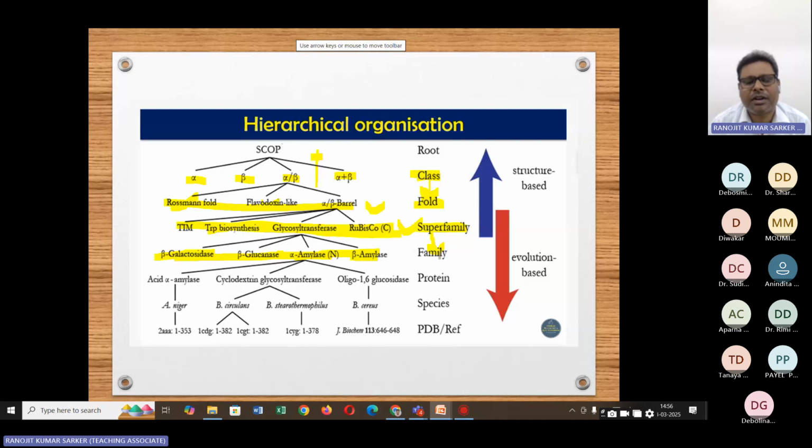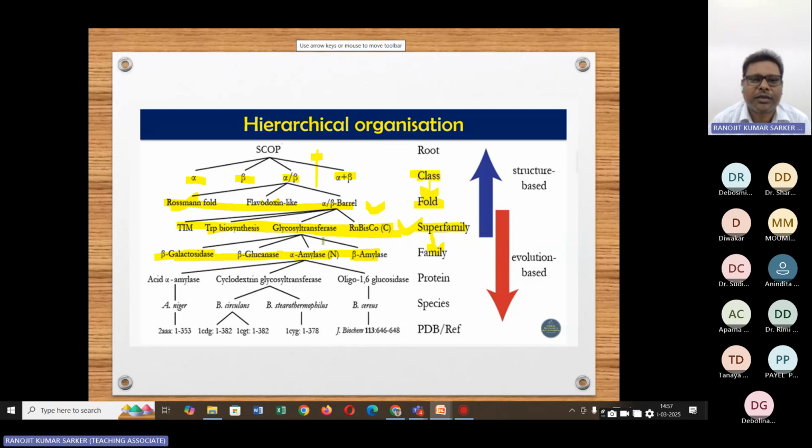As per the definition of family discussed earlier, they share a common shape like the superfamily, as well as high sequence similarity. So now you see how we are traveling. We have class alpha by beta, then Rossmann folds and alpha by beta barrel, and the alpha by beta barrel has several superfamilies.